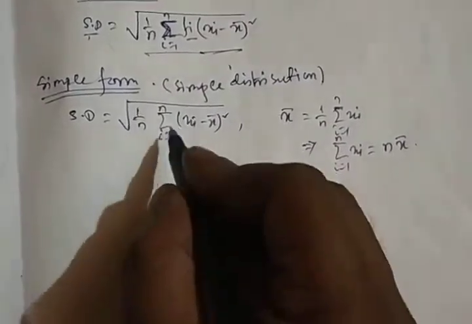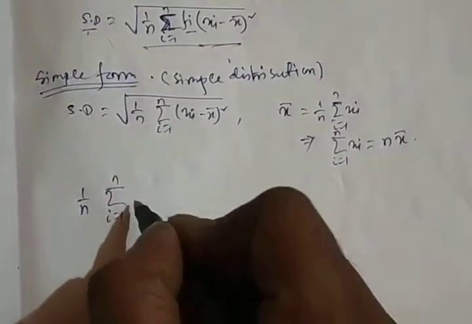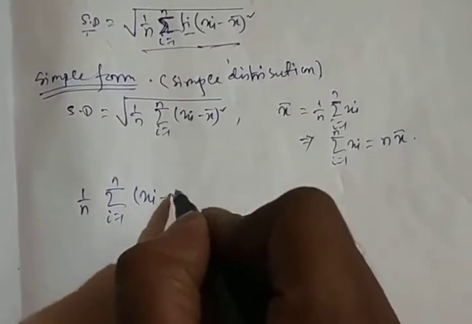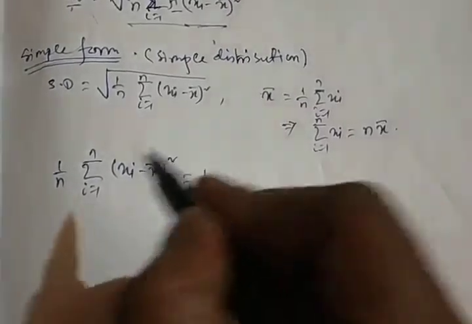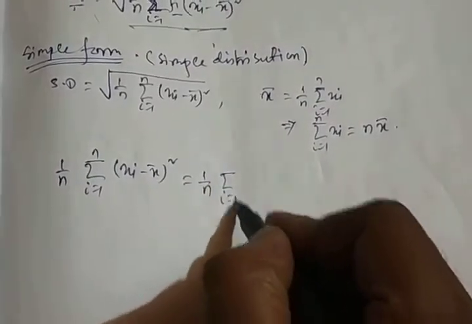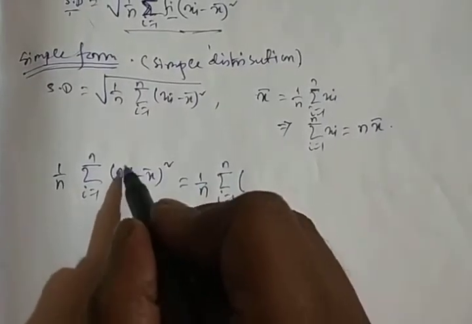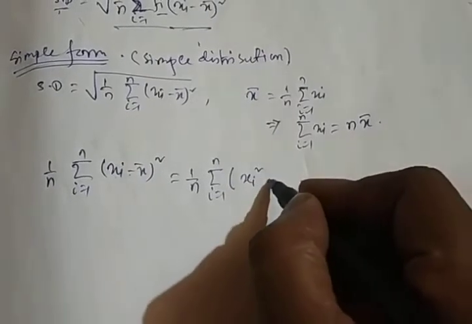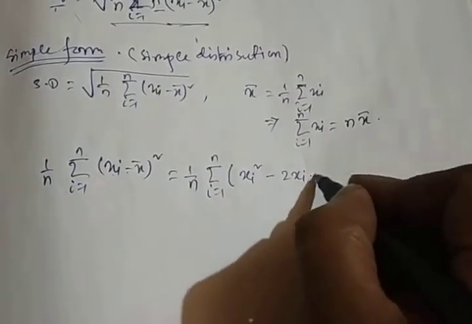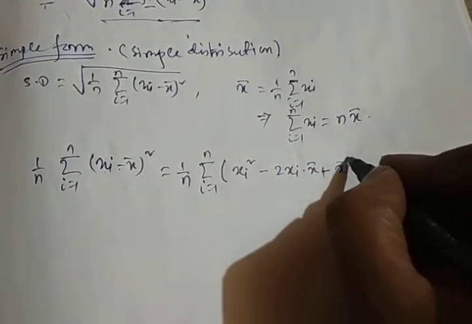Okay, now we calculate 1 by n summation i equals to 1 to n xi minus x bar square. So 1 by n summation i equals to 1 to n. If we use the formula a minus b whole square, then we will get xi square minus 2 xi into x bar plus x bar square.